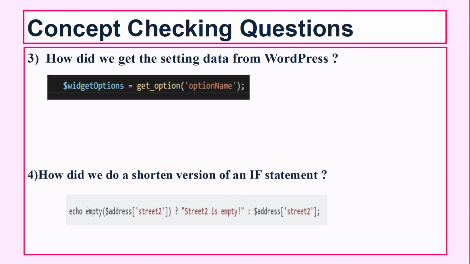So in this example, we say if this value is empty, print this, else print that. If we added this symbol here, that meant that it said if this is not empty, then do this, else do that. So that is how to shorten that if statement.